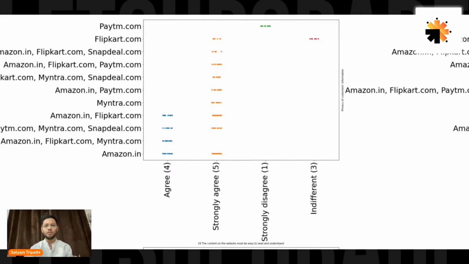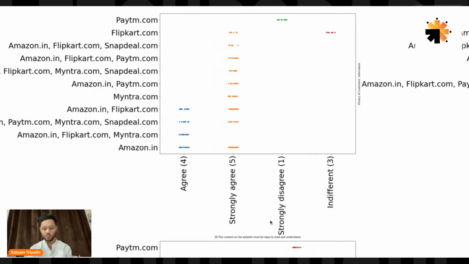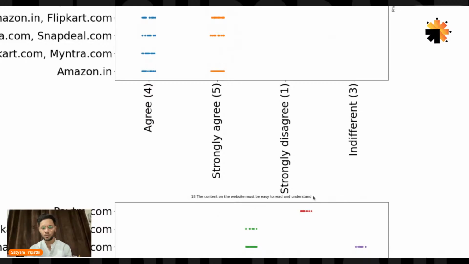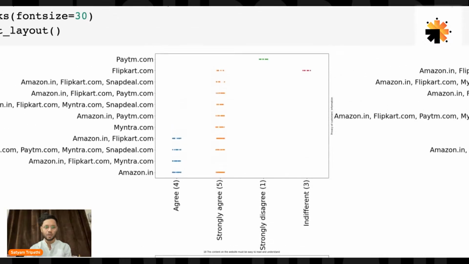I will be comparing these things with respect to my columns. This column is representing the content on the website must be easy to read and understand. I don't think it should be related with the privacy one.